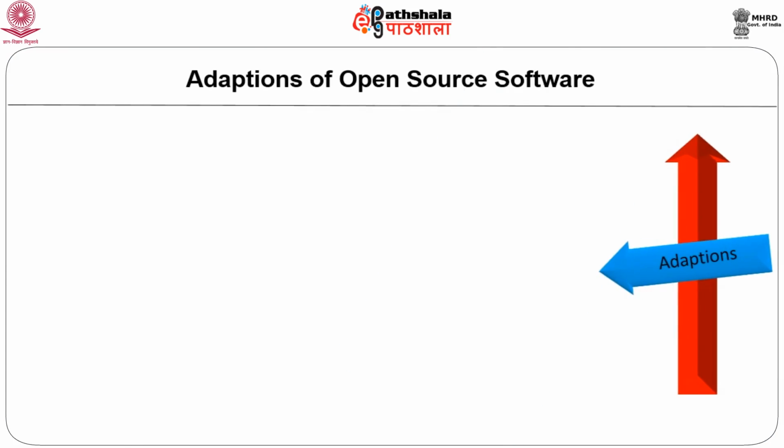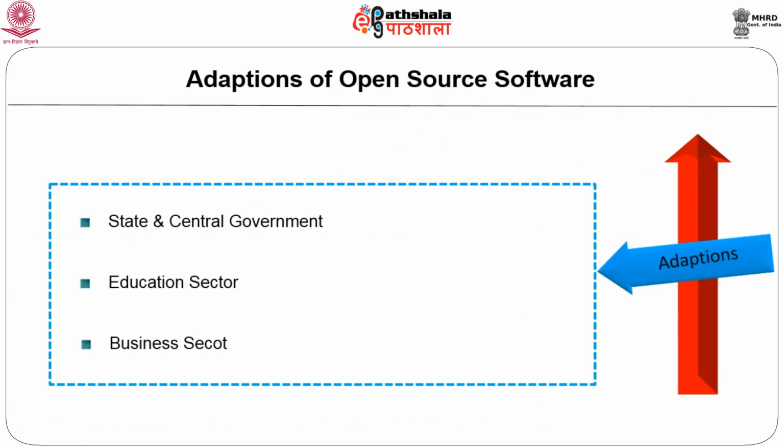Now, let us take the scenario of India, where we are in terms of open source. When we talk about government of India, they have set up their own policy of adoption of open source software.